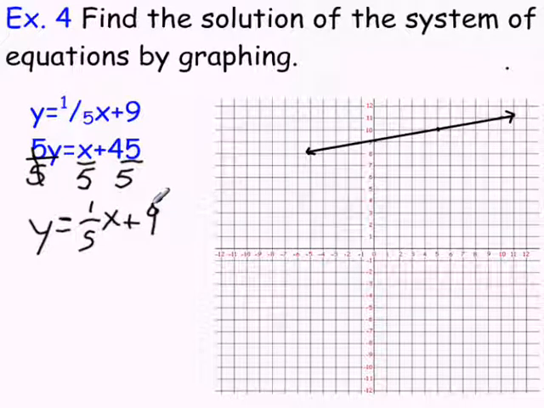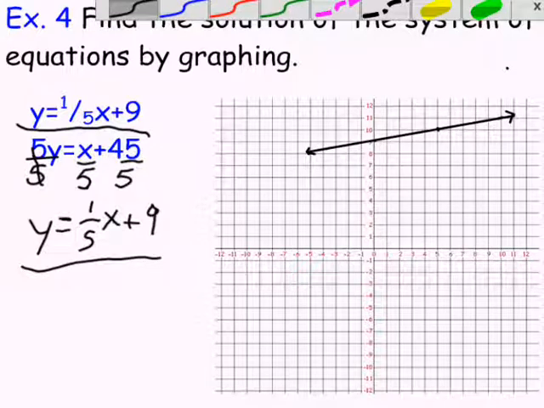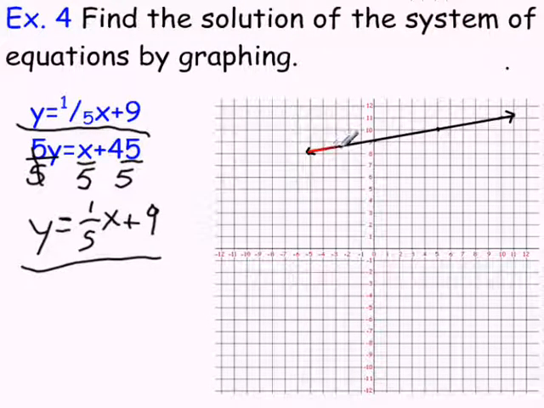Okay, now if you'll notice, this is the same as this. So essentially what I'm doing is graphing over the same line. It should be on there the whole way.